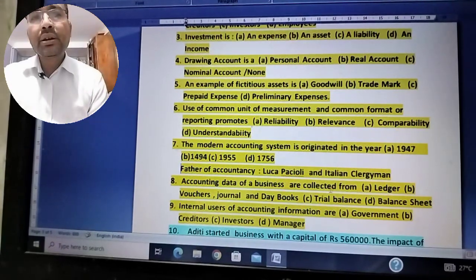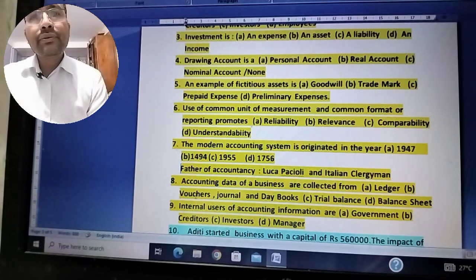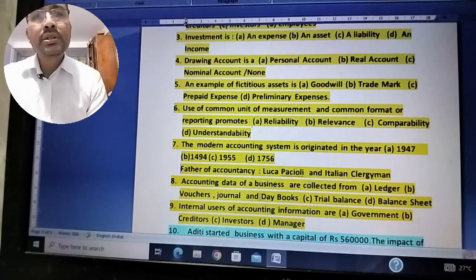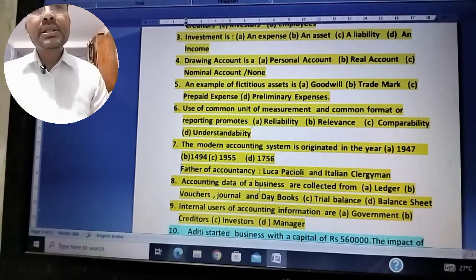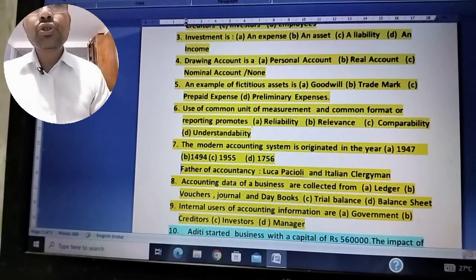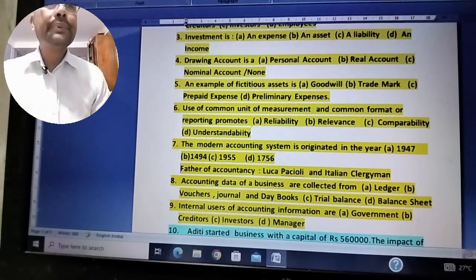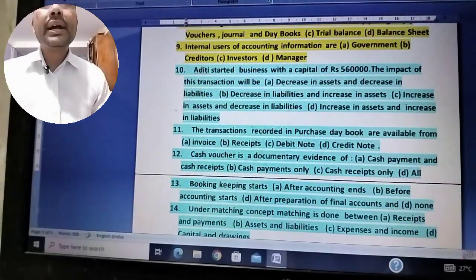So definitely you may collect information from the journal, from vouchers, and even from day books like the purchase day book, sales day book, purchase returns day book, sales returns day book, bills receivable, bills payable. Okay, so B is the correct answer: vouchers, journal and day books. Then we have question number 9.